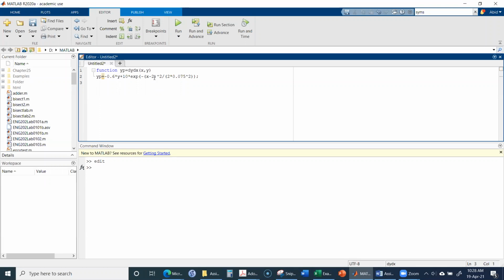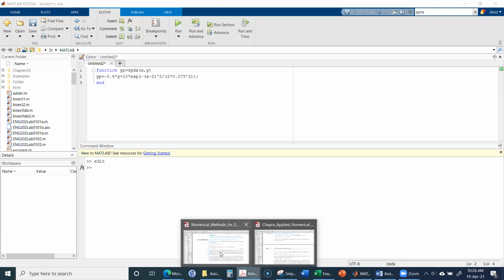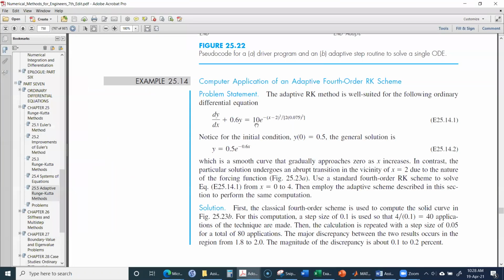And then I will end it. Okay. So in this way, I will write it like this. So you see this function again over here, 10 times exponent minus x minus 2 square divided by 2 into 0.075 square.